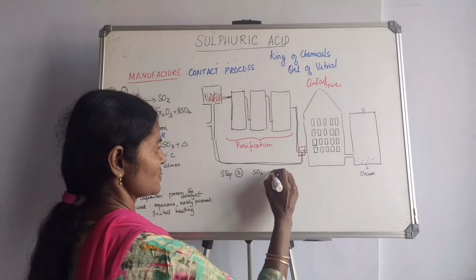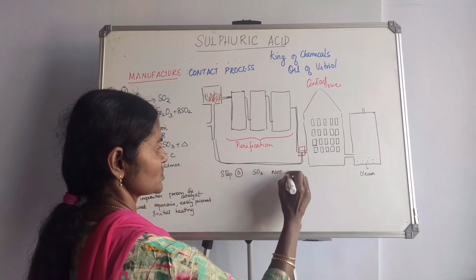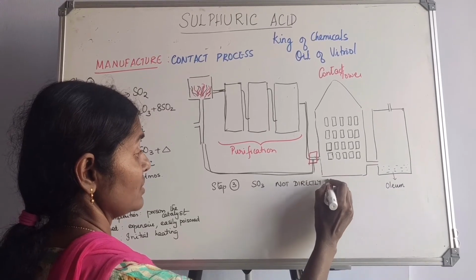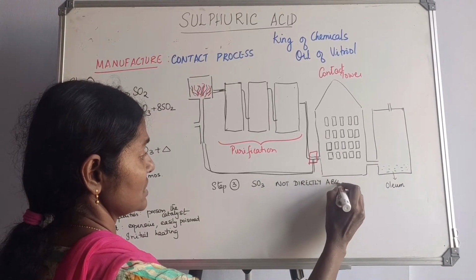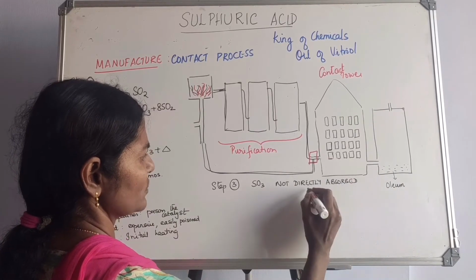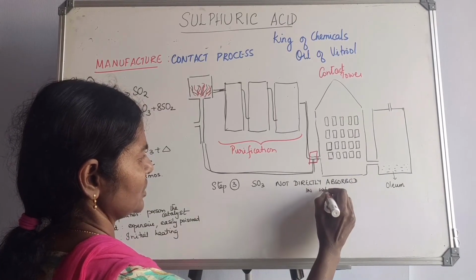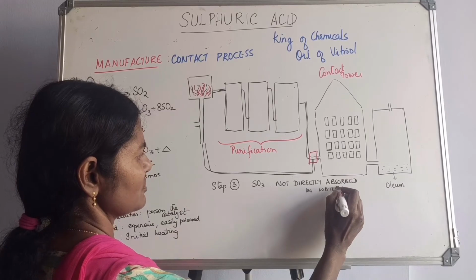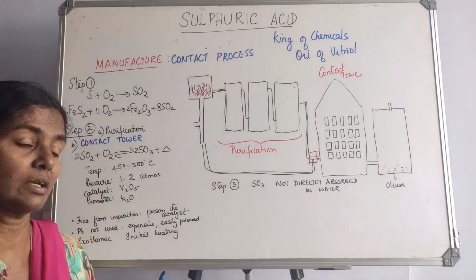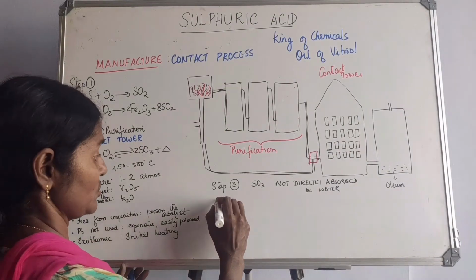But it is not directly absorbed in water. Why? Because it is a hygroscopic liquid, it has a great affinity for water. And when it reacts with water, it is highly exothermic.